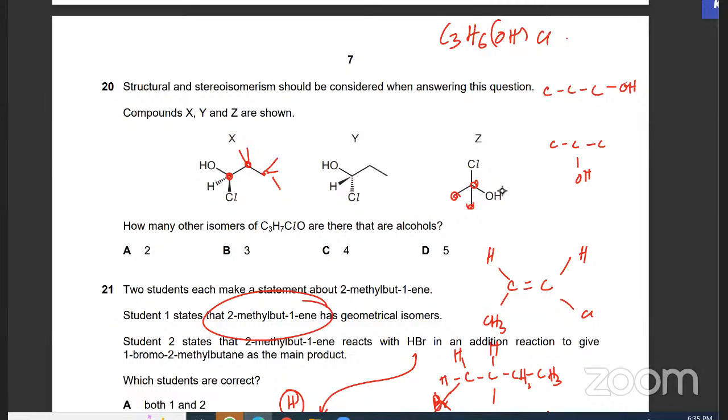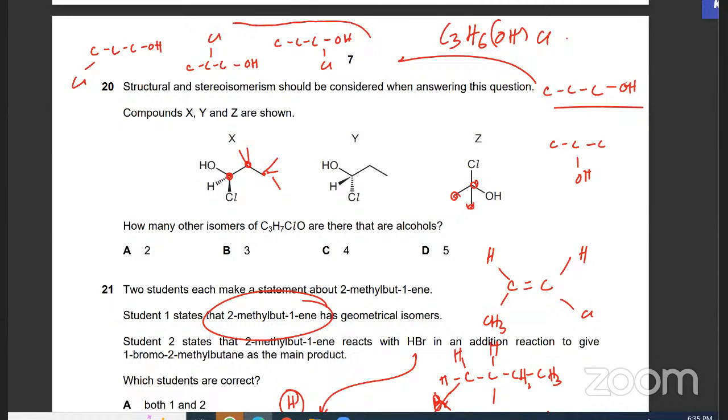Now we can bring in the Cl as well. If I bring in the Cl, how many options do I have? The Cl could be on the same carbon atom as the OH, or on the middle carbon atom, or right at the end. Is this clear?